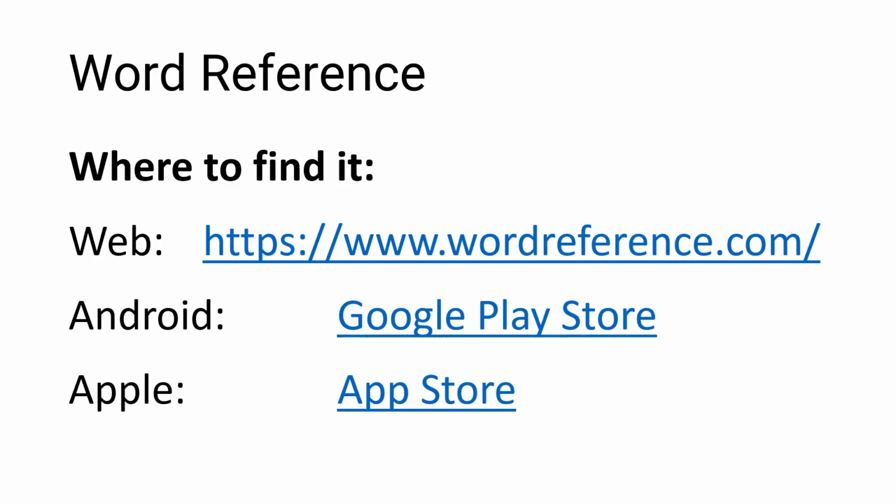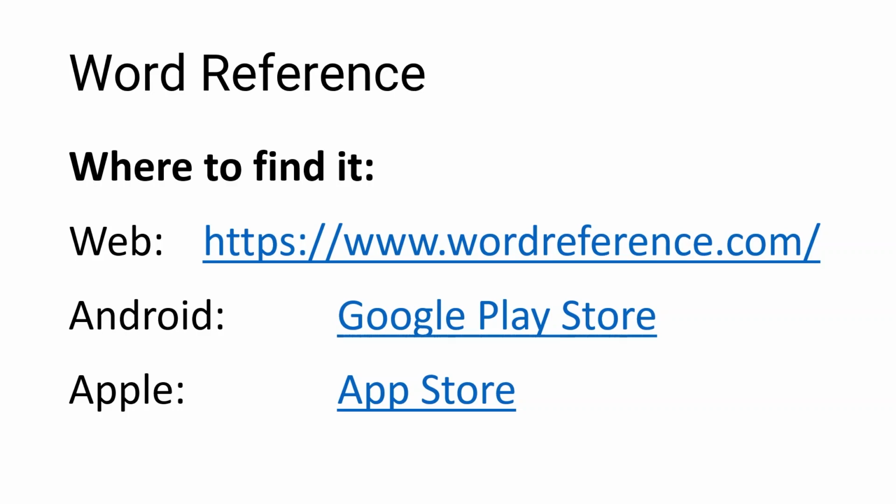Another tool I want to talk about in relation to pronunciation is word reference. This is available on the web or as an app, and it is also free. This has a function to check word pronunciations in various accents. Google Translate does the same thing, but without the accents.